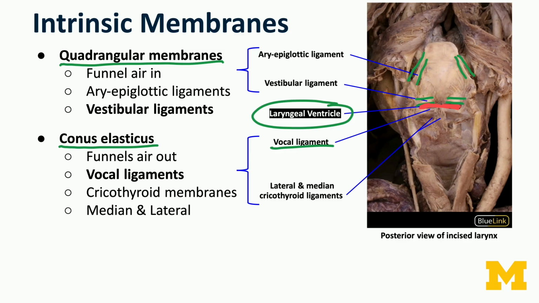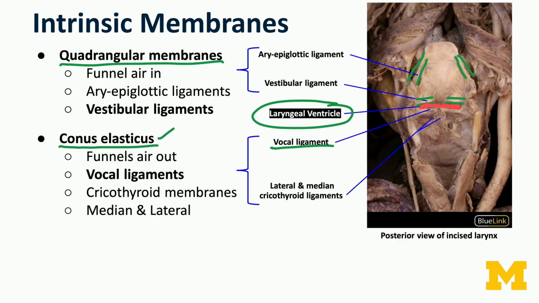Those vocal folds are formed from the vocal ligaments being invested with mucosa, and they are of the conus elasticus. The conus elasticus helps to shape and funnel the air as it exits the vocal pathway. So it's air on the way out, specifically for vibrating the vocal ligaments for phonation.